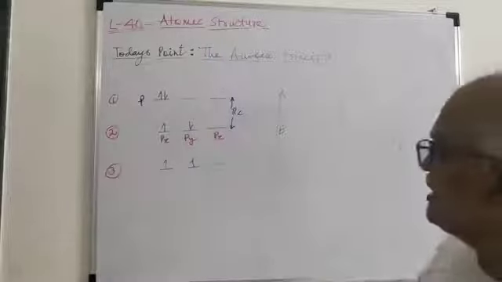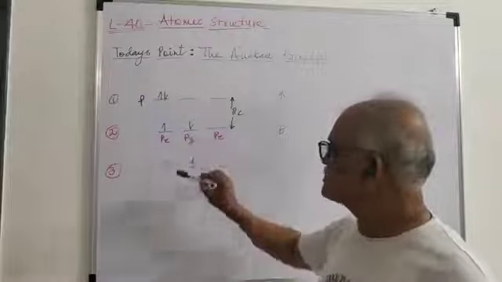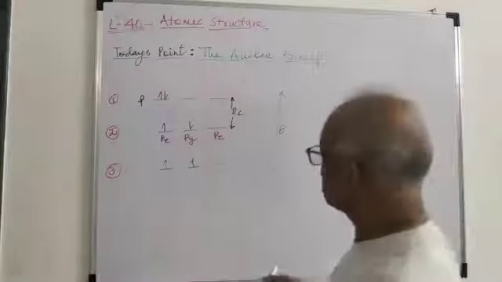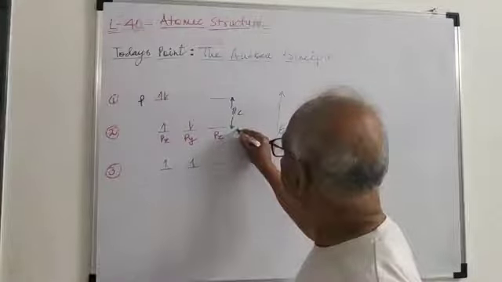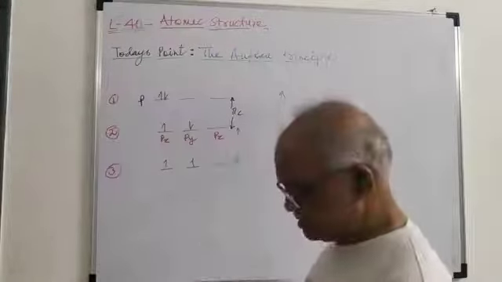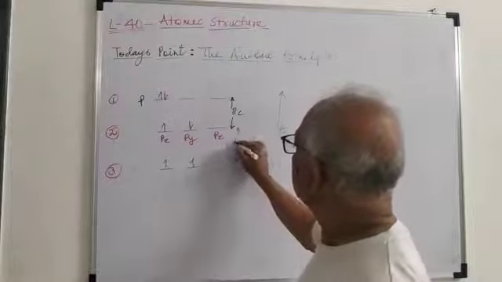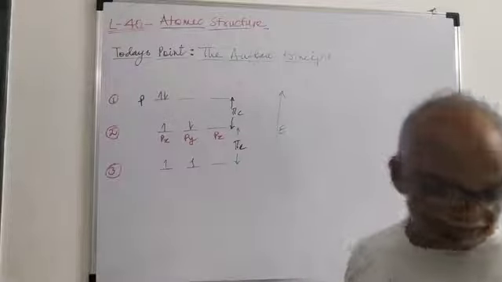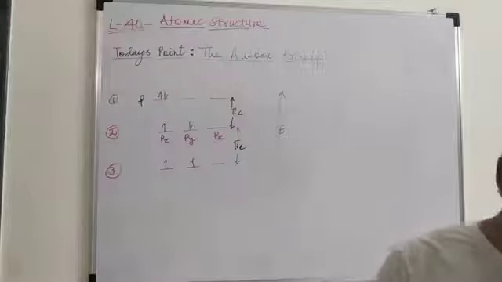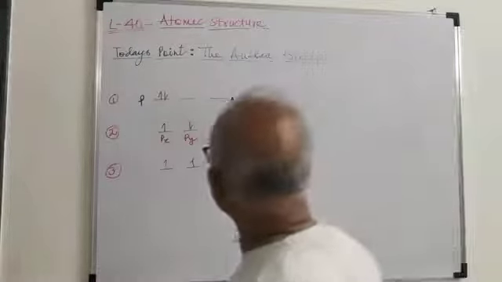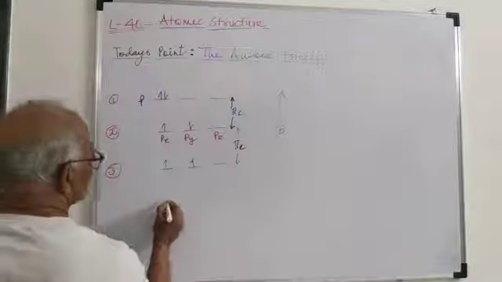And when these two types of atomic orbital arrangements are available, the energy difference between them is called pi e, that is exchange energy. So what is exchange energy? That can be explained here.